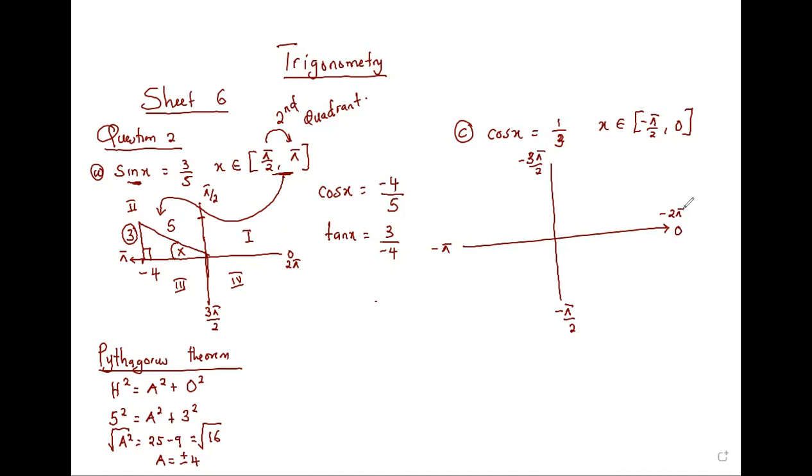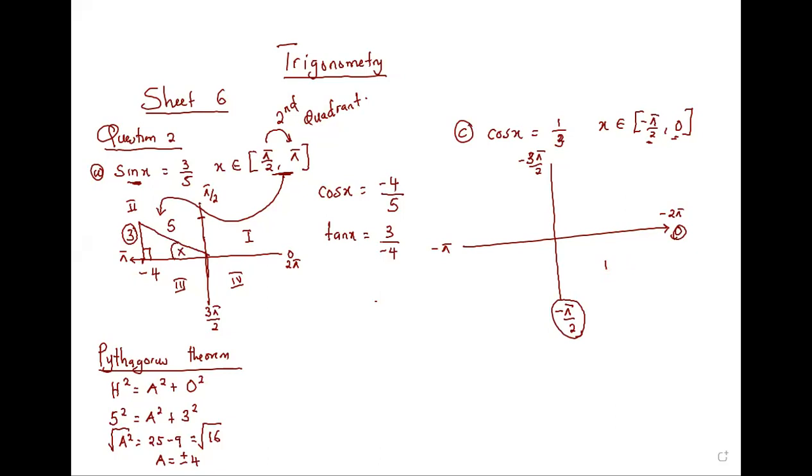Positive is anti-clockwise. Okay. So we are told from -pi over 2 to 0, meaning from here to there. So it's the fourth quadrant. That's where we should put the triangle.